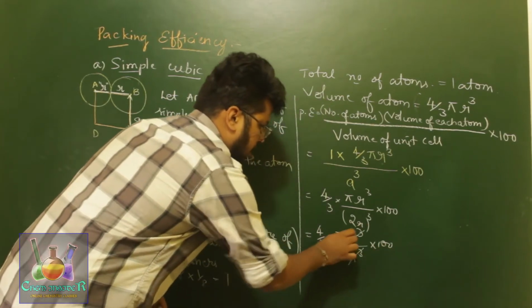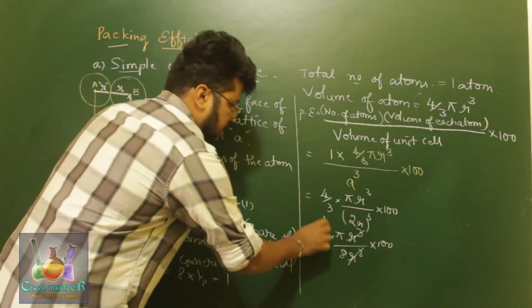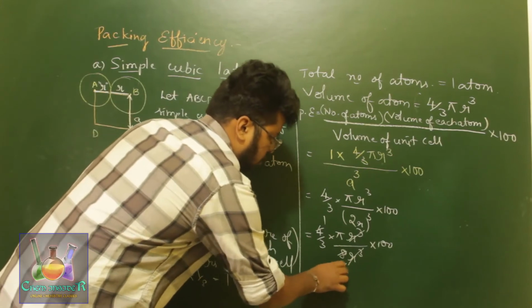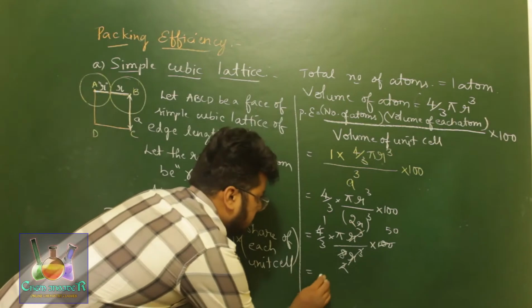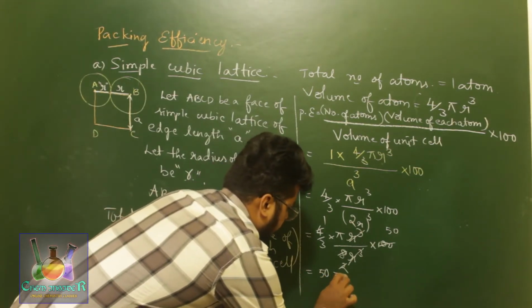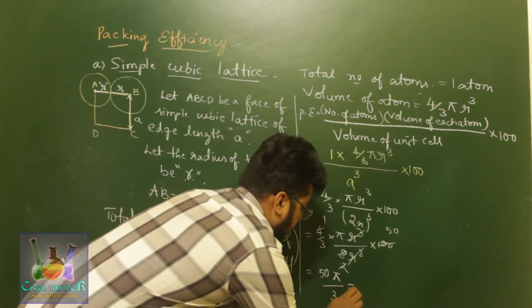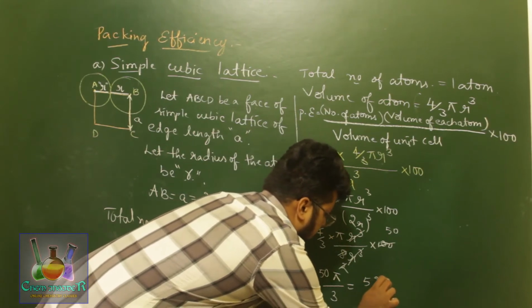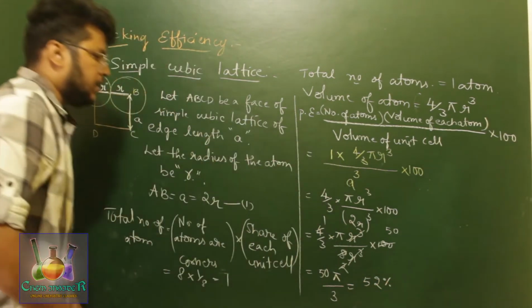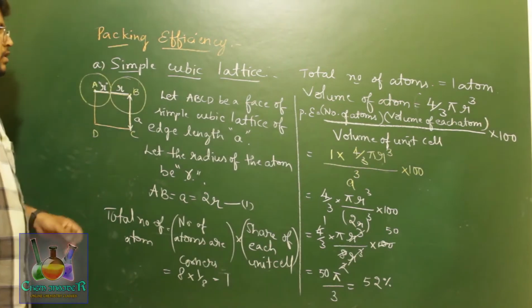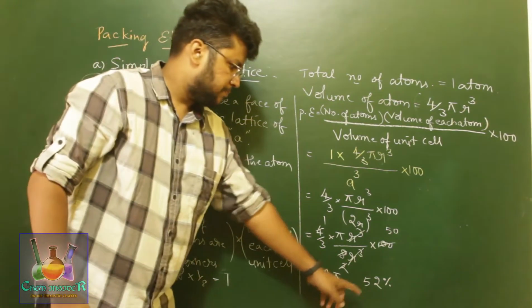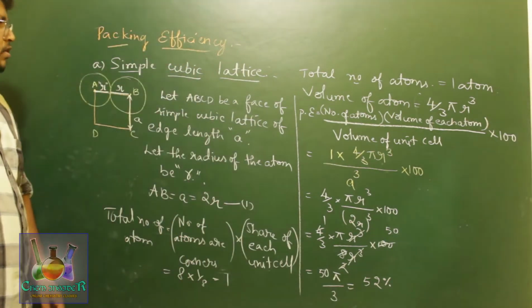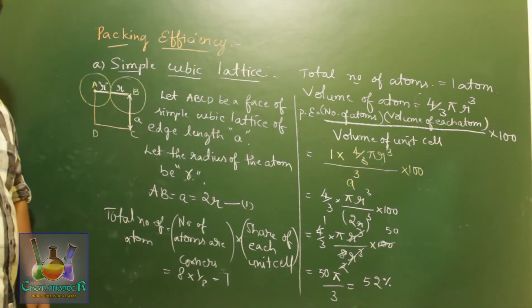Cancelling out this r cube, 4 1s are 4, 2 1s are 2, 50 times, that leaves us 50 pi divided by 3. That gives us a percentage of 52. That is, the packing efficiency of a simple cubic lattice is 52%.